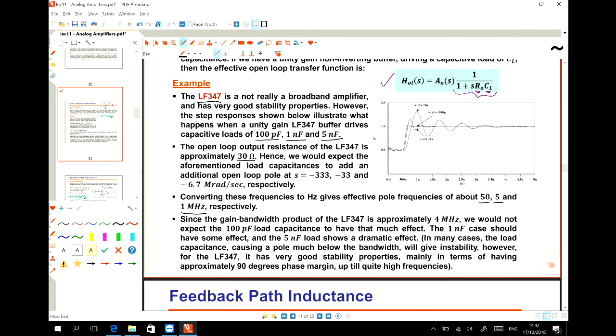So we saw this example that, for example, for the LF347, if we have different types of capacitive loads, for example, 100 picofarad, 1 nanofarad, or 5 nanofarad, then increasing the capacitive loads can shift the pole into the lower frequency and probably into our operating region.